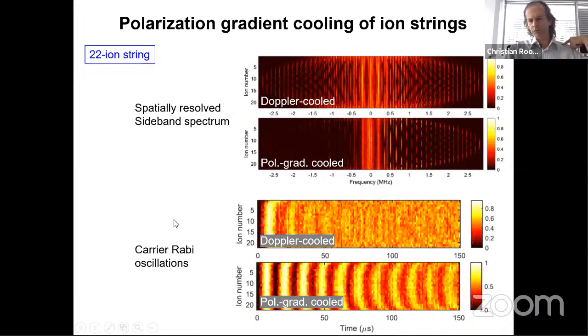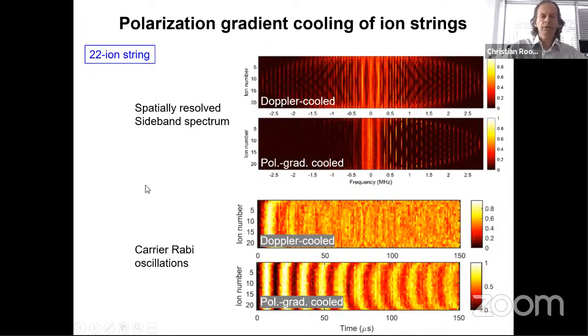And this becomes obvious also if you try to excite the ion on the carrier transition after such a cooling process. In principle, if the ion is well localized in the Lamb-Dicke regime, then the coupling strength that you have does not depend on the motional state. However, if the ion is not well localized on the length scale of the laser, then this statement is not true.